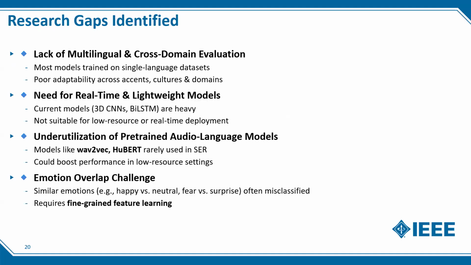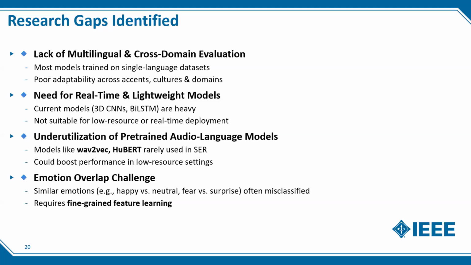That is one of the main limitations in this domain. Most models are trained on single language datasets and have poor adaptability across accents, cultures, and domains. The thing is, we lack such databases. If a dataset is available, people will try to work. Actually, such types of databases are lacking.